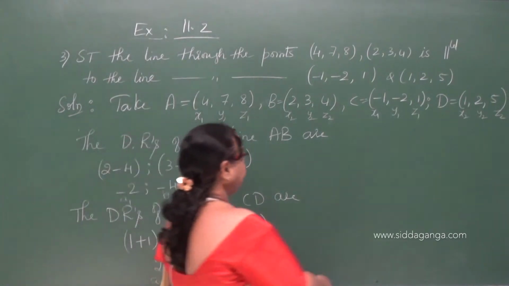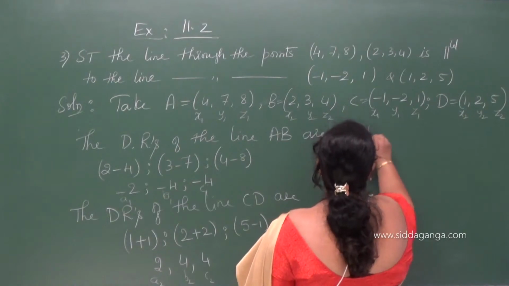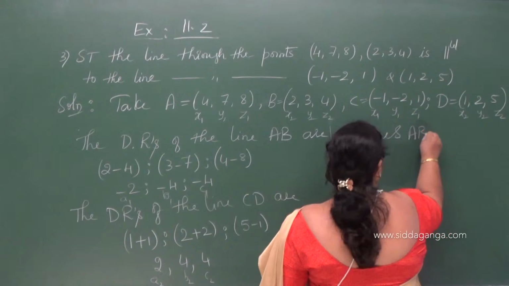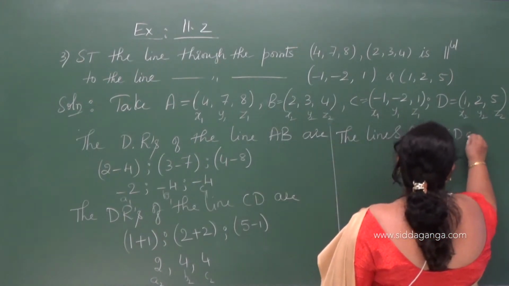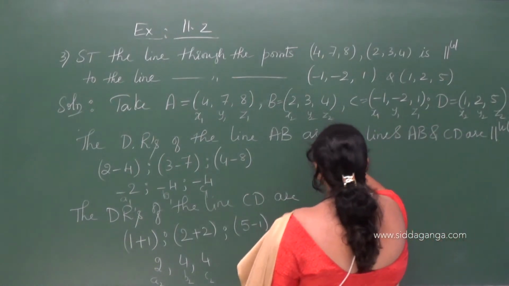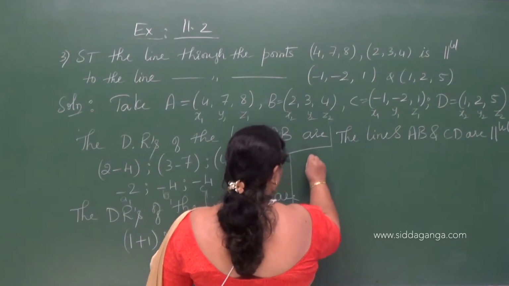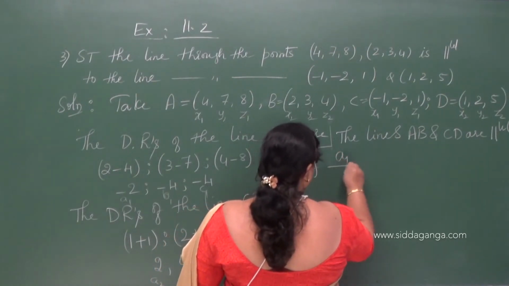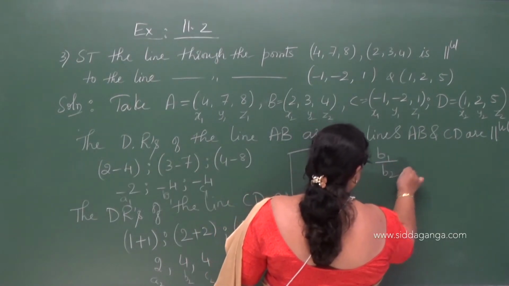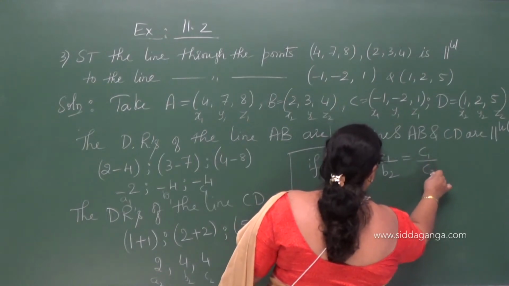Now the lines AB and CD are parallel if A1 by A2 equal to B1 by B2 equal to C1 by C2.